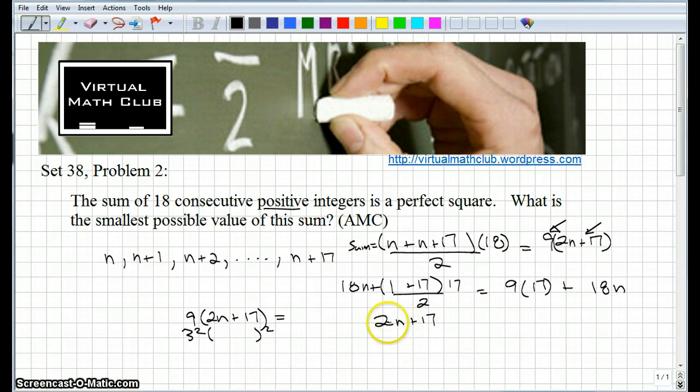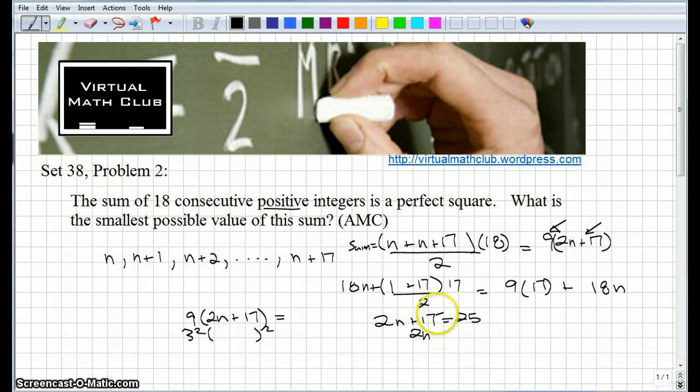If n was 0, this would be 17. And 0 is not positive, so it's got to be at least 1. So let's think about the squares. 16 is a square, but obviously that's going to be too small. So the next square after that is 25. So the smallest square that would satisfy this equation when n is positive would be 25.